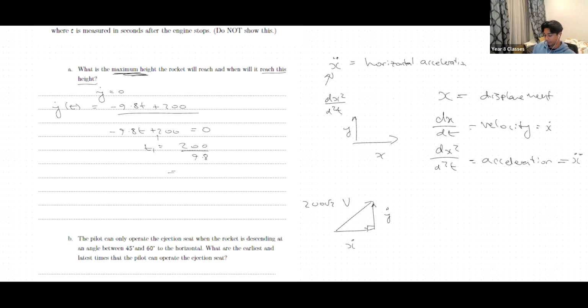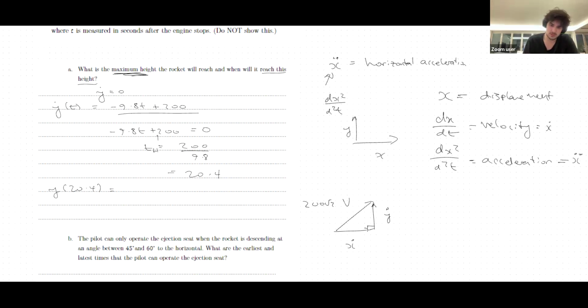Now, what's my max height going to be? Your max height is what you get if you put this into the y equation, so that's minus 9.8 times 20.4 and so on. What did you get? 7040.81 or 82.